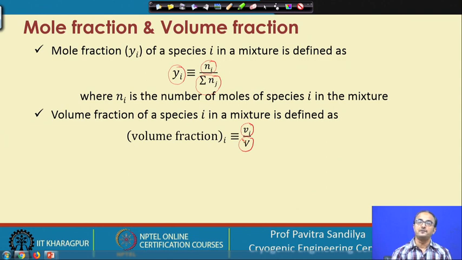We have different types of system, ideal system, non-ideal system, about which we shall be learning later, which may or may not give the total volume from the addition of the individual volumes. The addition of individual volumes leads to total volume only in case of ideal system or ideal liquids, but not in case of non-ideal systems. So, that is why I have not put the total volume as the summation of the species volumes.